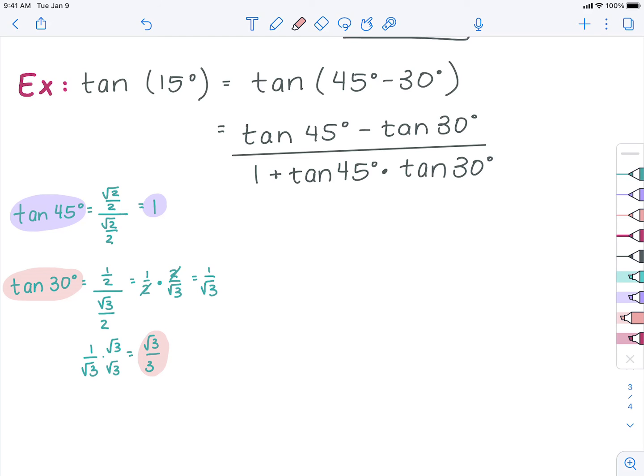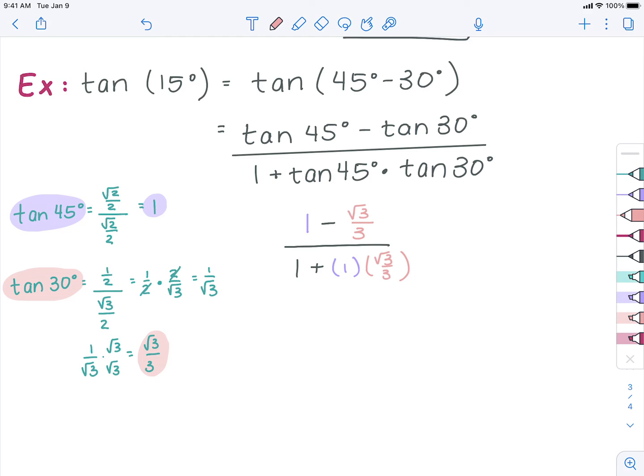So I go back to my formula and my tangent of 45 becomes 1 minus my tangent of 30, which is root 3 over 3, all over 1 plus tangent of 45 degrees, which is 1, and tangent of 30 degrees is root 3 over 3.